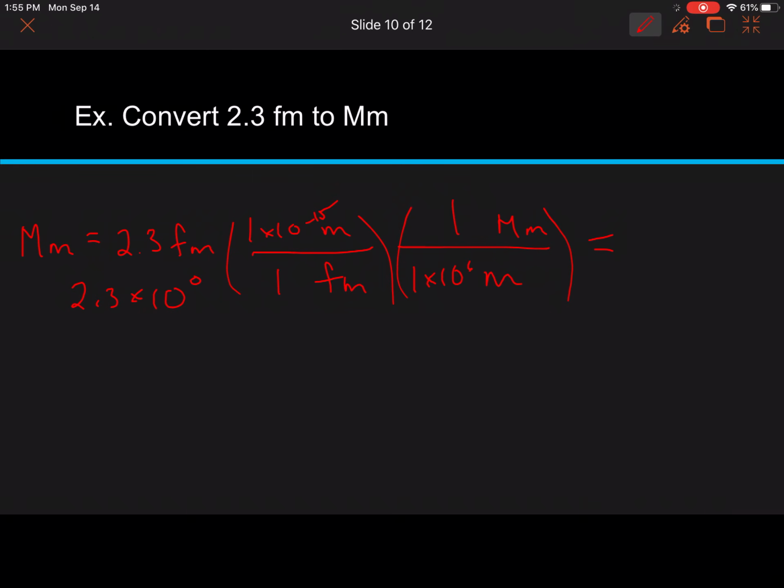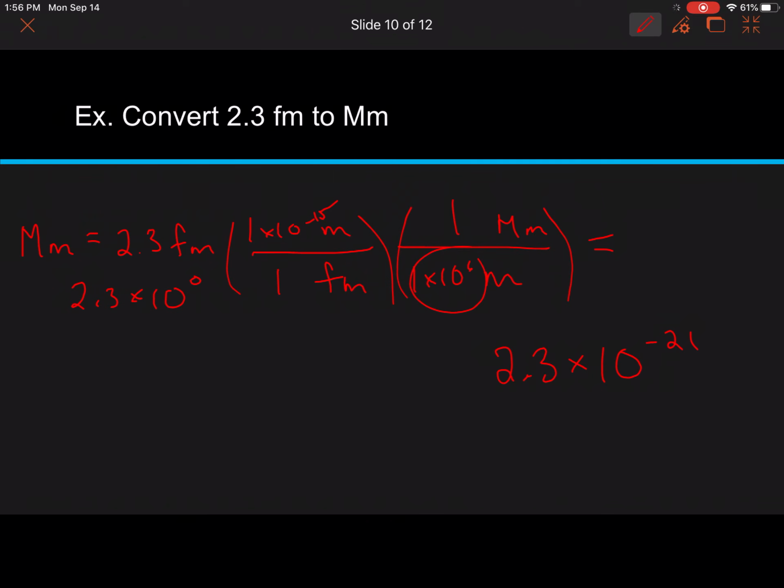When the bases are the same, you add the exponents, right? So 0 plus negative 15 is negative 15. Now I'm at negative 15. Now I want to factor in this piece here. I've got positive 6. So negative 15 take away positive 6 is going to be negative 21. So the answer here, 2.3 times 10 to the negative 21.